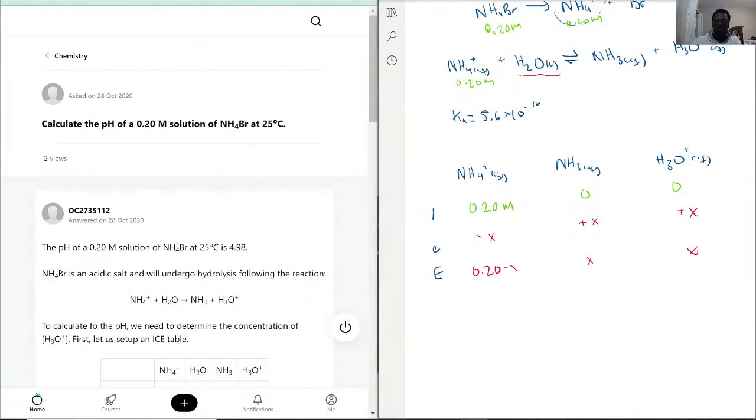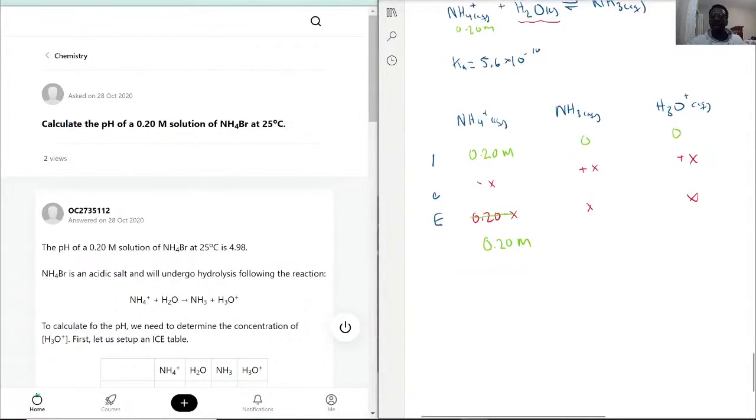It's much greater than 1,000 times the Ka, like 0.2 divided by 5.6 times 10 to the negative 10, which is over 357 million times stronger. So pretty much our NH4 is not going to lose anything really. It's still going to round to 0.20 moles.